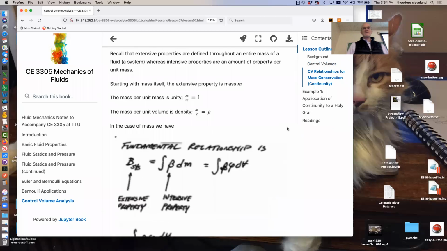So starting with mass itself, the extensive property that mass has is mass. The intensive property, mass per unit mass, would be mass divided by mass, which equals 1. The mass per unit volume, we had a different name for that. That was rho, also the density.